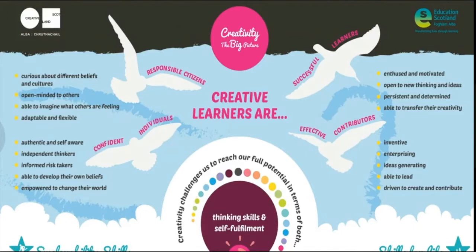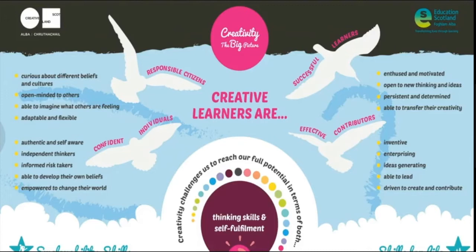So each of the 4 capacities has the potential to develop young people's creativity, and the bullets there are examples of elements of creativity that are really important across teaching and learning. So, for example, to be a confident individual, you might take risks and develop your own ideas.